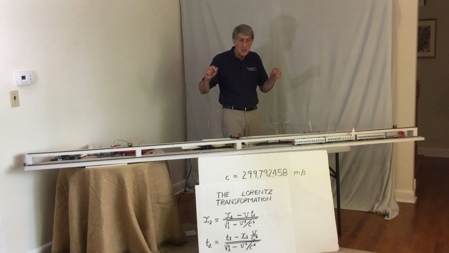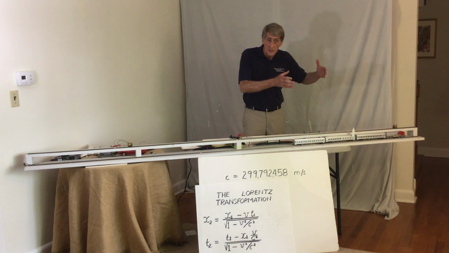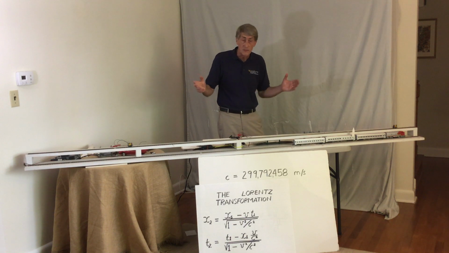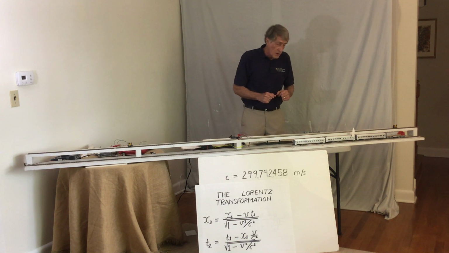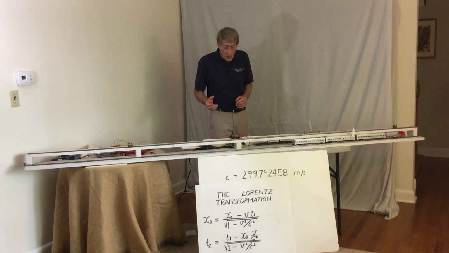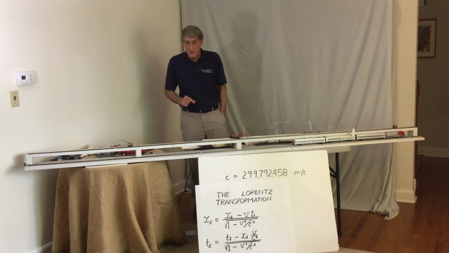So we have this new entity called space-time, and the time for these observers can go differently depending upon their various motions. So this is a very interesting conclusion that Einstein came up with based upon the Lorentz transformations and this principle of relativity.